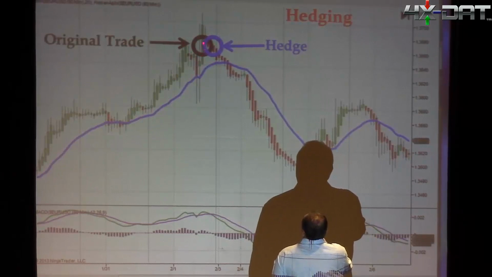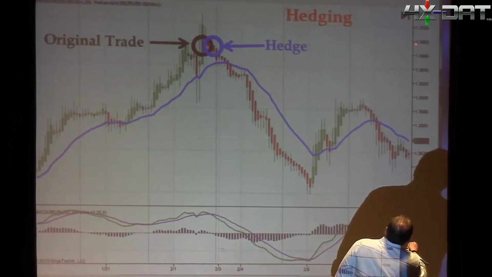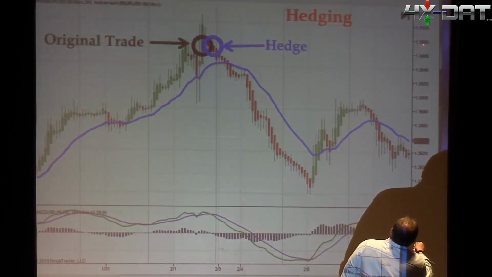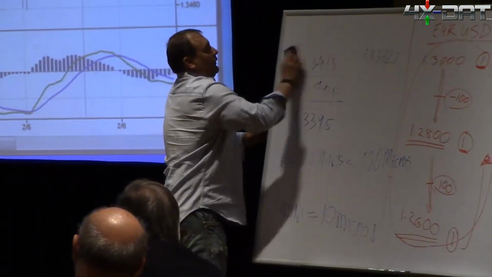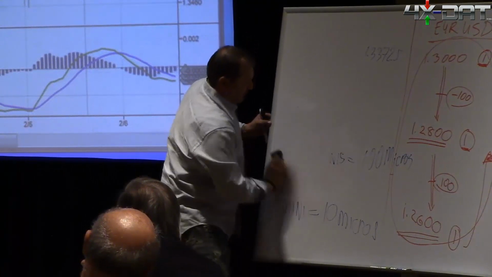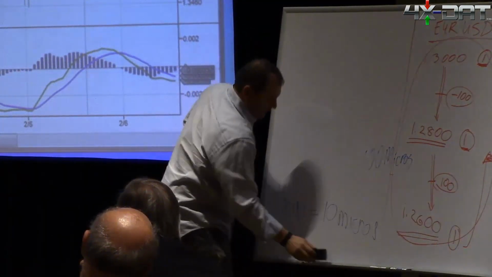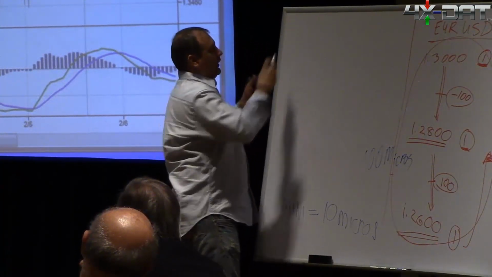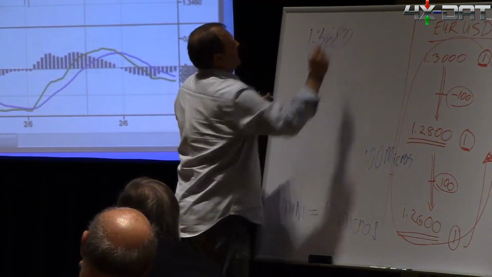Let's just say that we entered into this trade over here at this price. Can you read it from the back? What is it, 136.80? Yeah. So here we are. We're in the trade at 136.80.